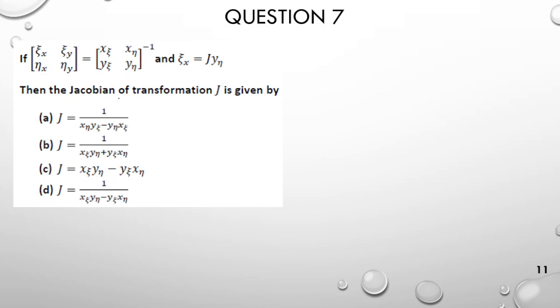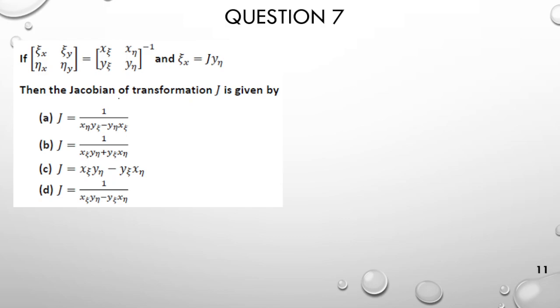Now in the seventh question, as I said, this is more to do with the derivation of the Jacobian. Here they have asked us to write down the expression for Jacobian. Now we will try to derive this.